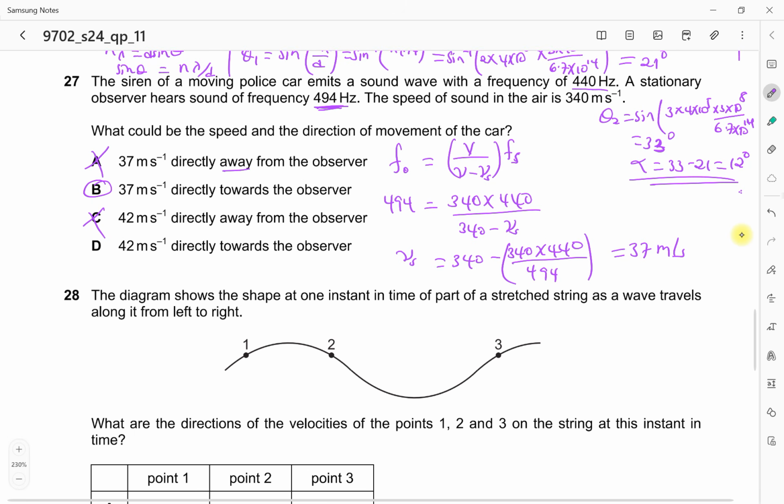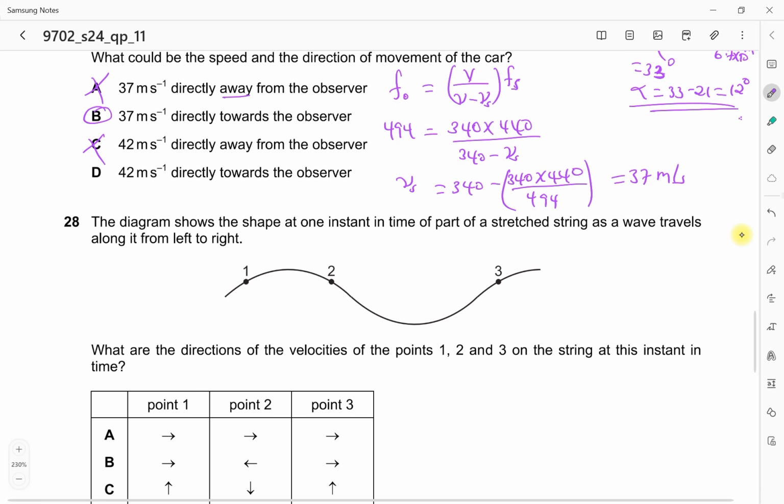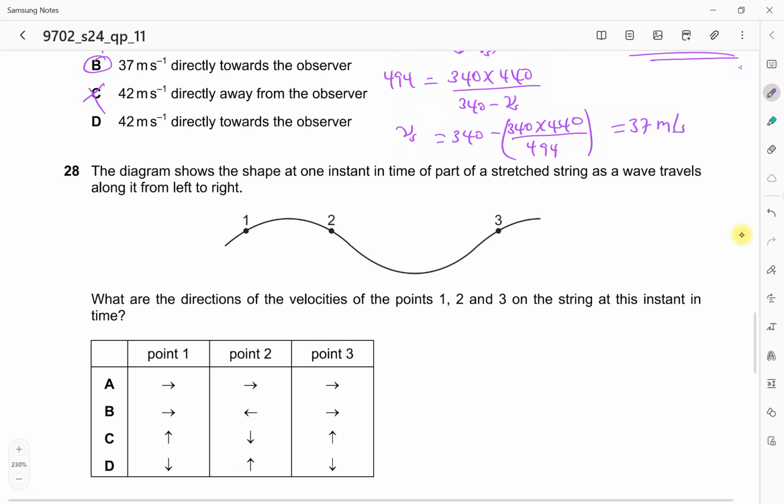The diagram shows the shape at one instant in time of part of a stretched string as a wave travels along it from left to right. So the wave is traveling from left to right. What are the directions of the velocities of the points 1, 2, 3?